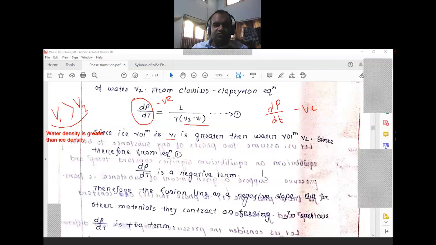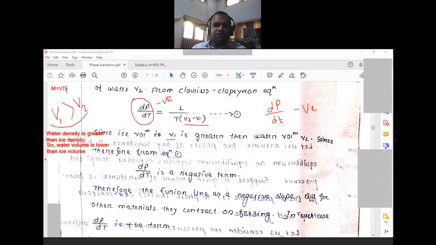So you have to remember this anomaly: water density is greater than ice density, and water volume is lower than ice volume.